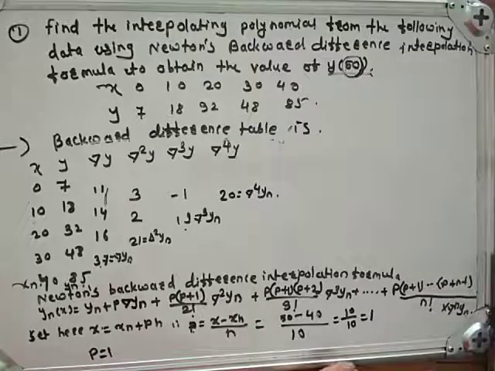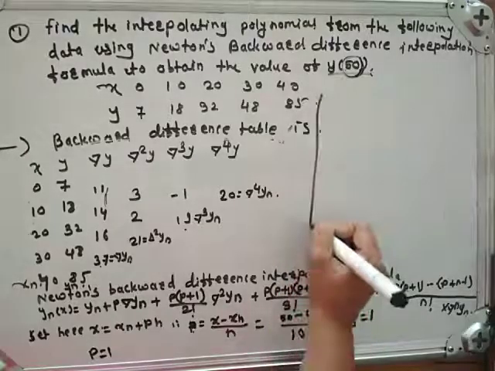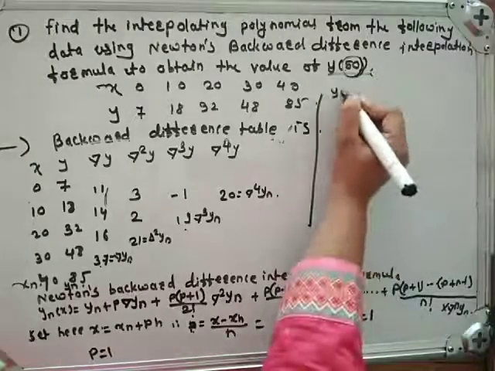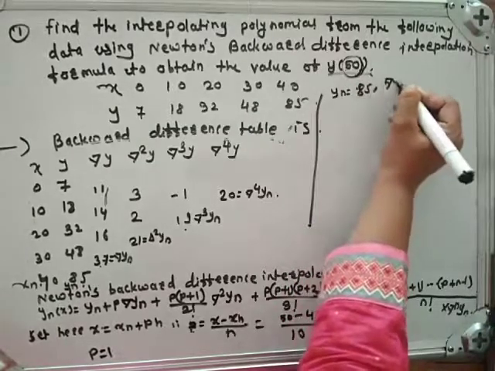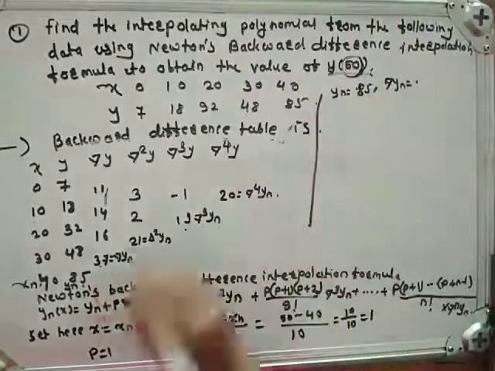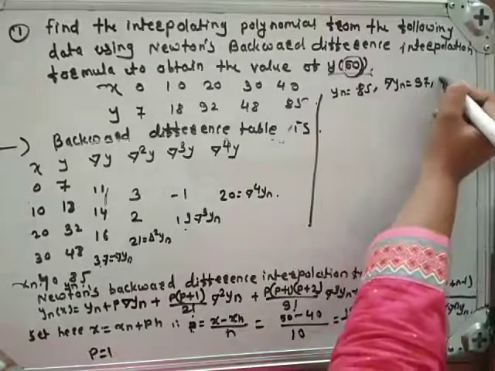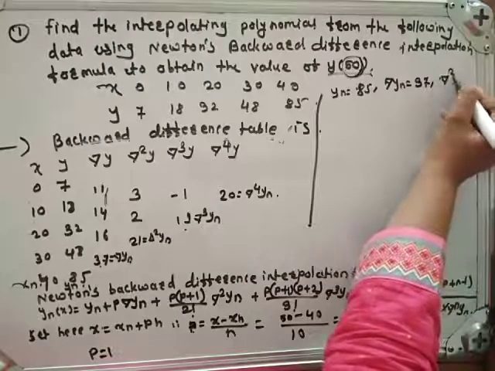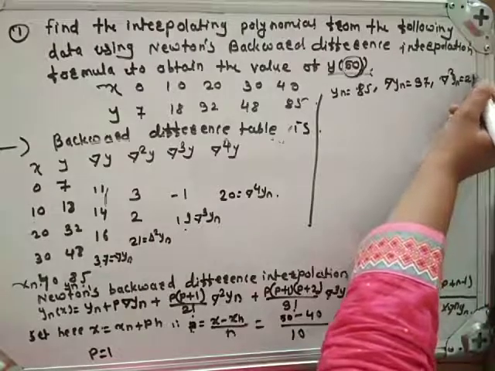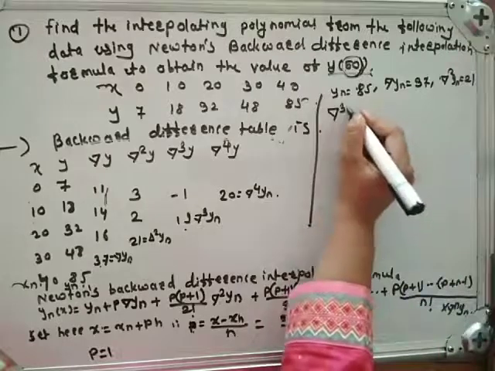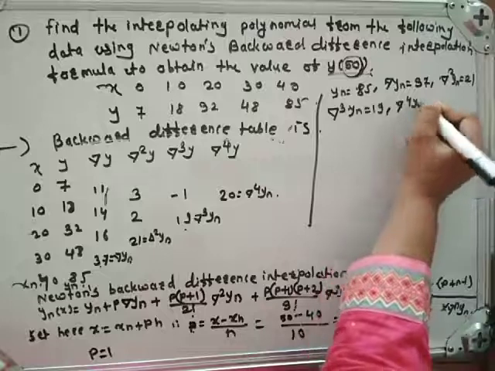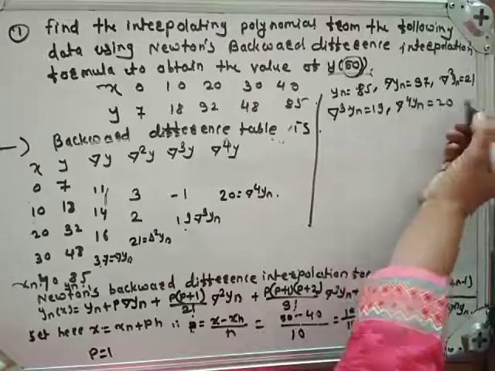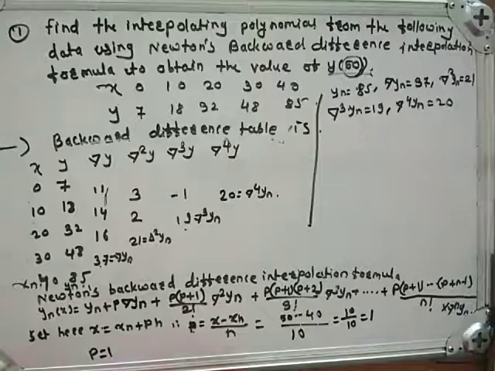Okay. Now and also what is yn is equals to 85, del yn is equals to 37, del square yn is equals to 21, del cube yn is equals to 19, del raised to 4 of yn is equals to 20 and p is equals to 1.